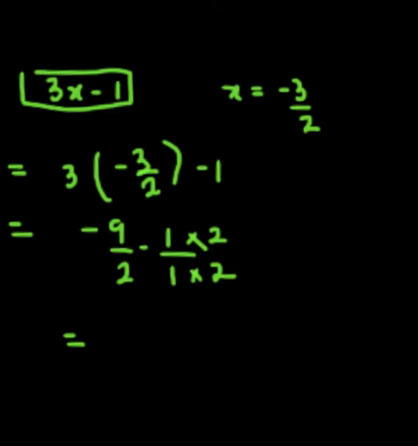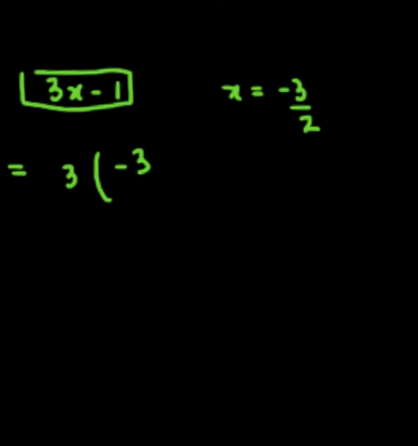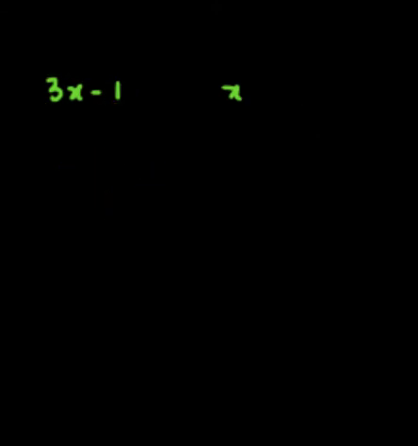So let's look at another example, for a quadratic function. It's the same thing. You need to just substitute the value they've given you for the variable into the function and then simplify it.